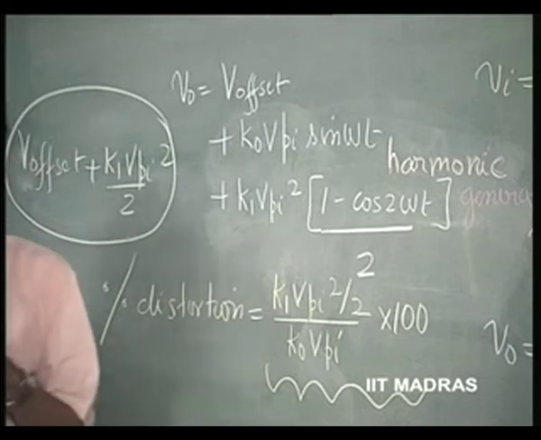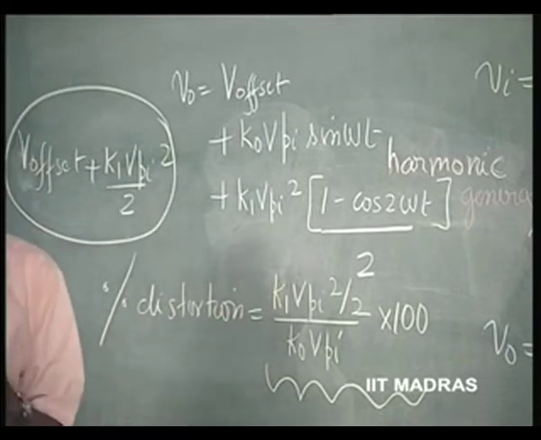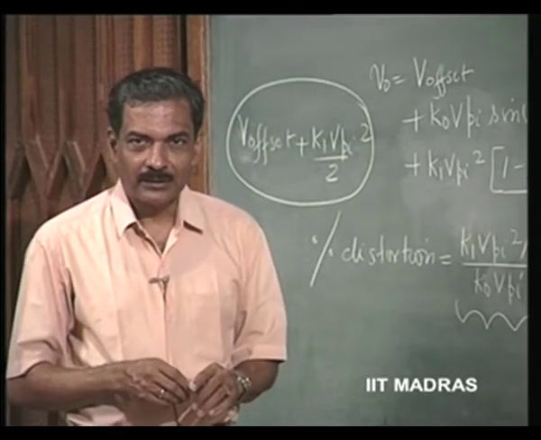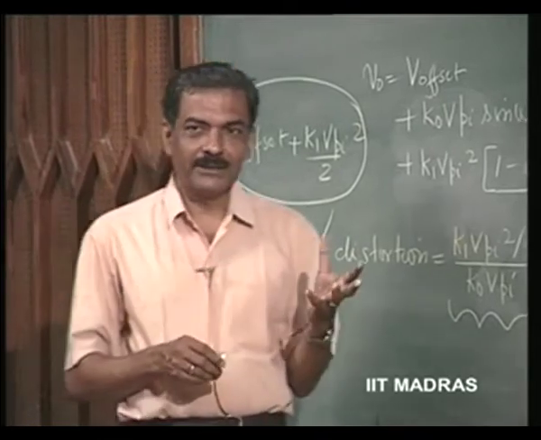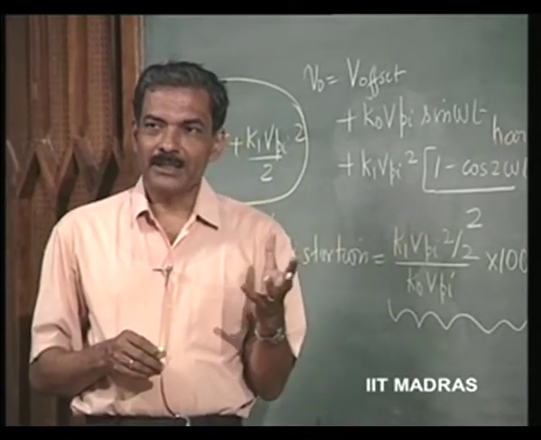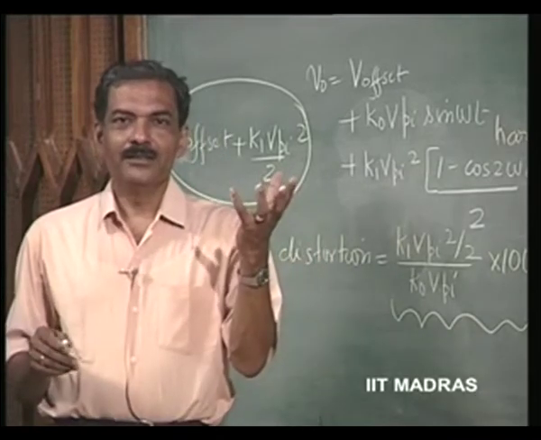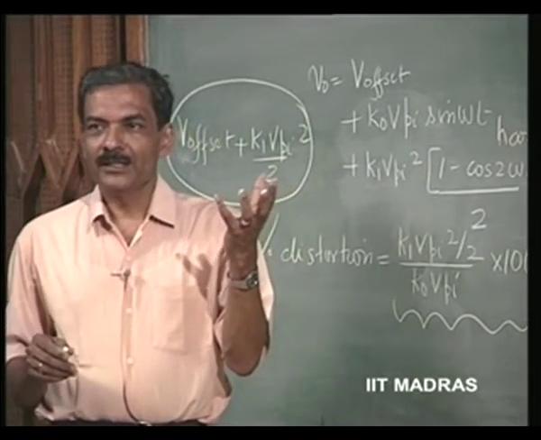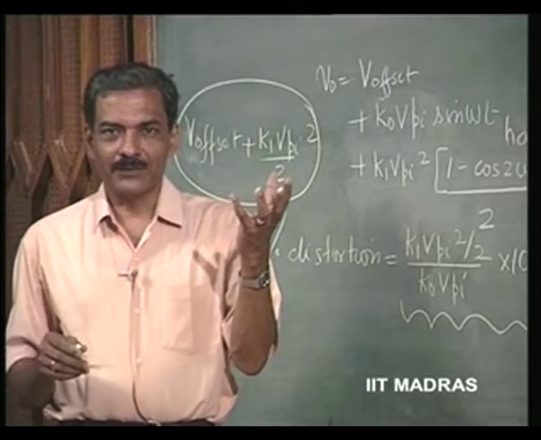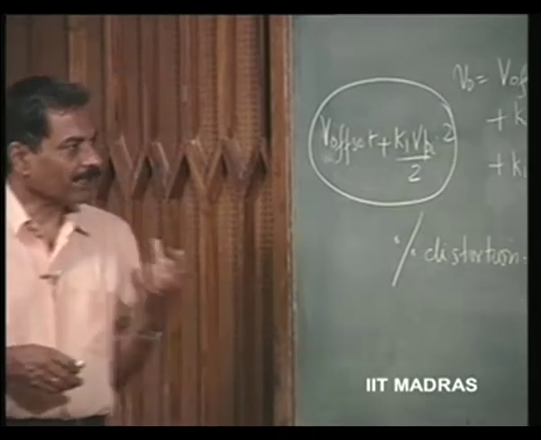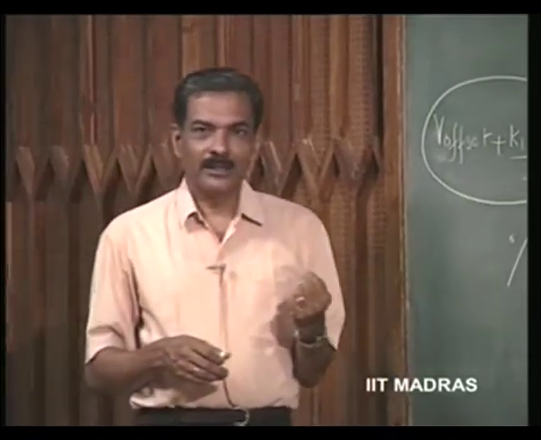That means the operating point shifts because of distortion, right, and the extent of distortion will be measured easily by finding out the extent of shift in the quiescent point or offset voltage. So, this is an easy way of practically measuring any amount of distortion.